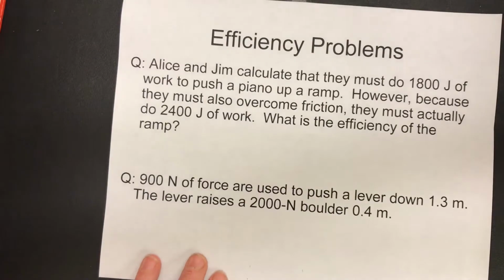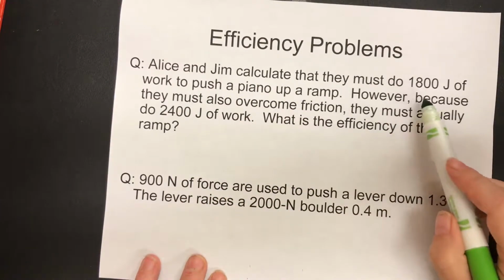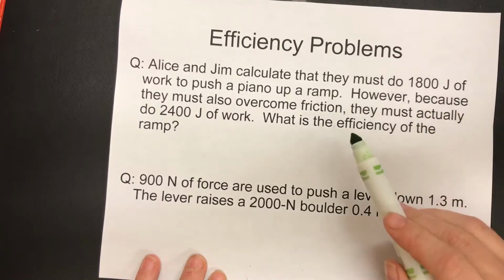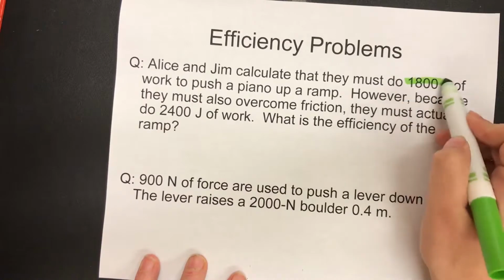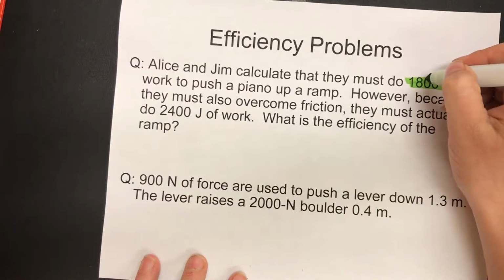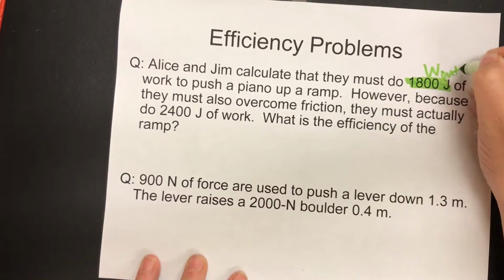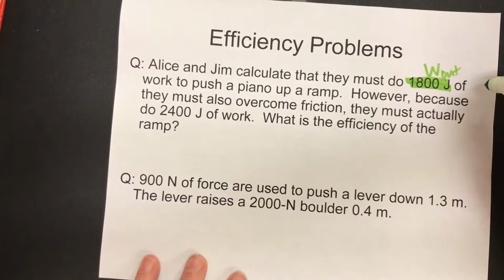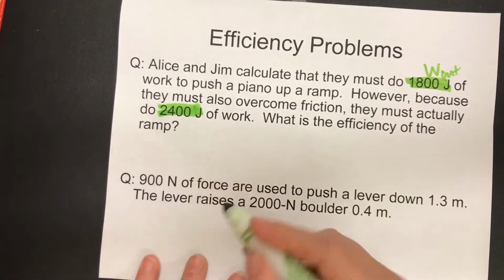Okay, so let's look at an example. Alice and Jim calculate that the ramp must do 1800 joules of work to push a piano up a ramp. So this is what they think is going to happen. So this is going to be your work out. This is what's supposed to happen. But because of friction, this is what they actually put into it.